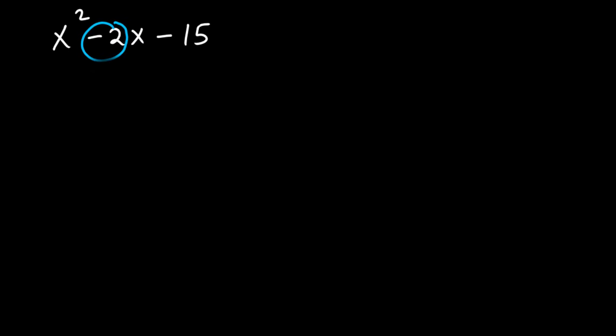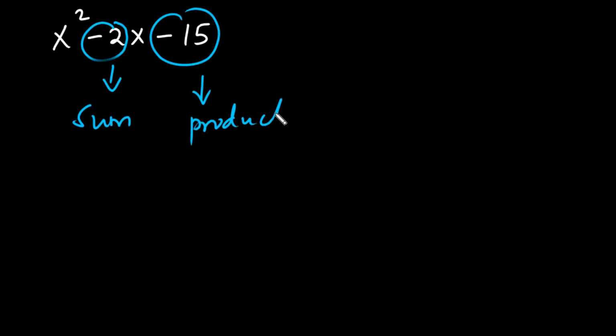So negative 2 is going to represent the sum of two numbers, and negative 15 is going to represent the product of those two numbers. So what we need to ask ourselves is which are these two numbers that when you add them, you get negative 2, and when you multiply them, you get negative 15. What are those two numbers?